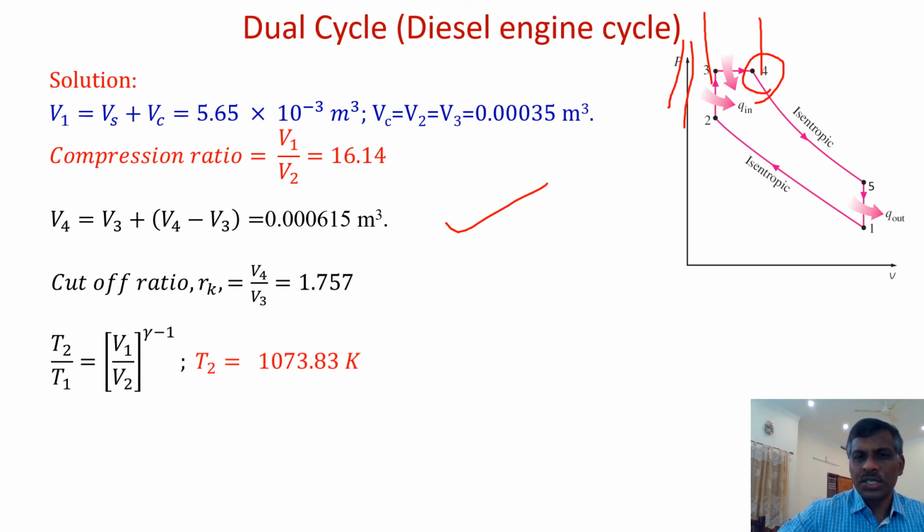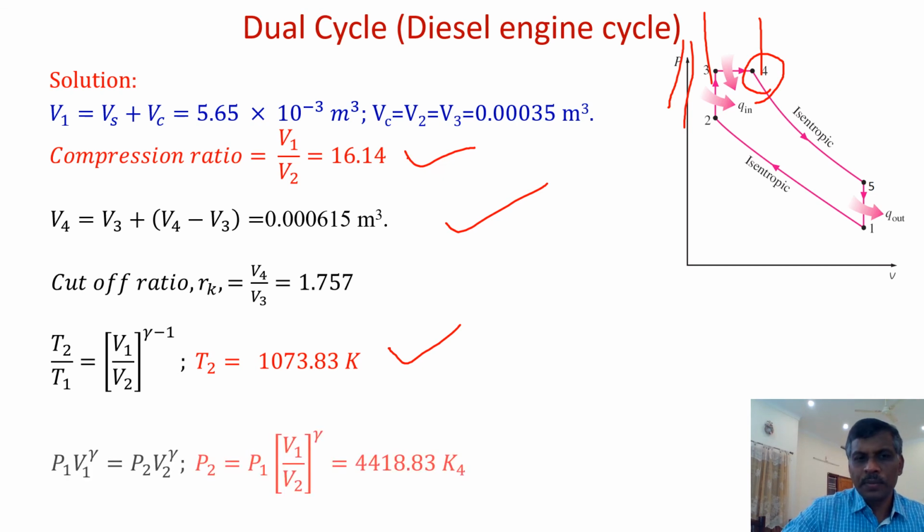Now let us try to find all the temperatures. 1 to 2 is reversible adiabatic, T2 by T1. Here you know the compression ratio, V1 by V2 is 16.14. Then just apply it and you will get T2. Then you can calculate the P2 value, pressure at point 2, because P1 is given.